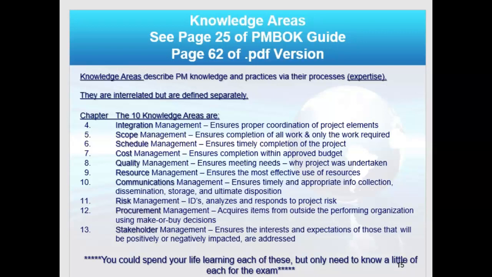These are subject matter expertise. And so you'll want to review those. Here's a summary of what I'm getting from each of the knowledge areas. And integration management. This is you. This is your knowledge area and the 7 processes to manage all of the other processes listed.